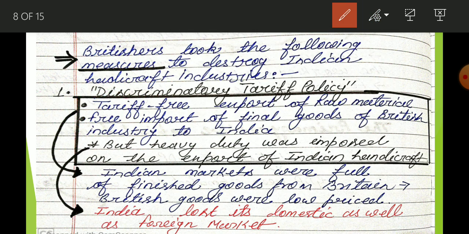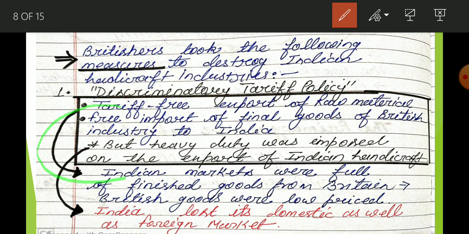First is the result of free export of British goods, free import, free market for Britishers. They are bringing the raw material without paying any tax.